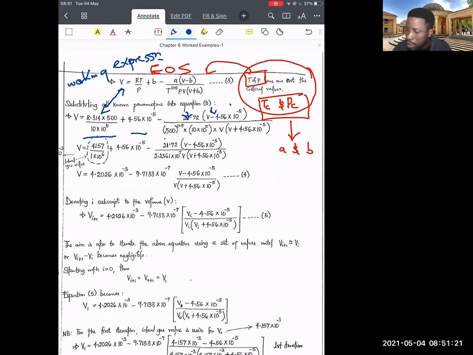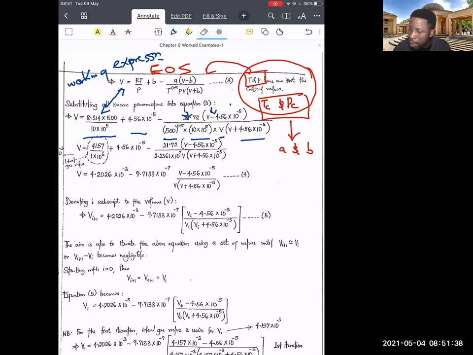And then you have T raised to power 0.5, P, V, we are looking for V.